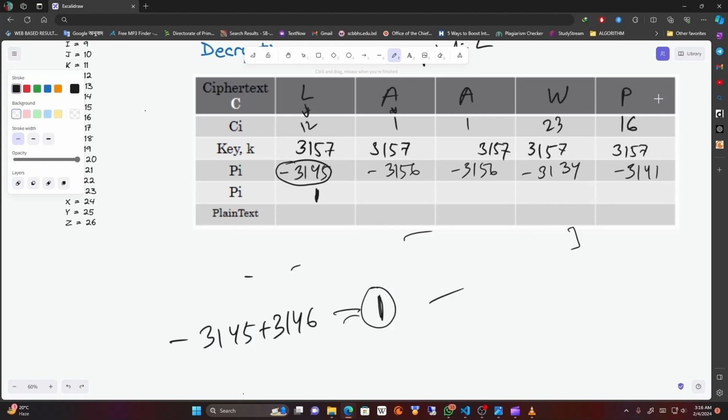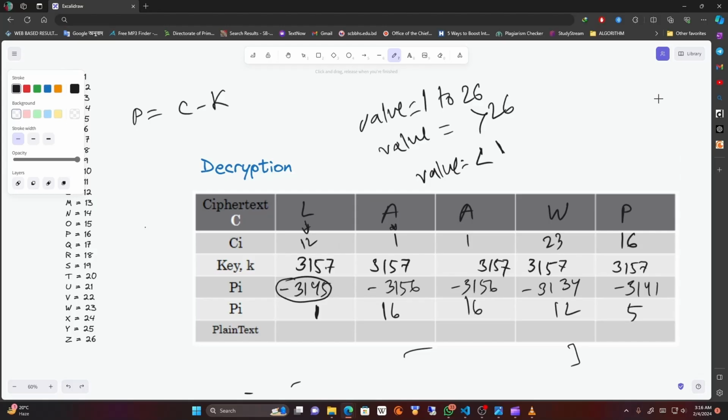Similarly, we'll find all the values of the letters A, W and P. We'll get here 16, here 16, here 12, and here 5. So now we get all index values between 1 and 26. Now we just need to write down the letters for those indexes. For 1 it is A, for 16 it is P, for 16 this is P, for 12 this is L, and for 5 this is E. So we get apple.